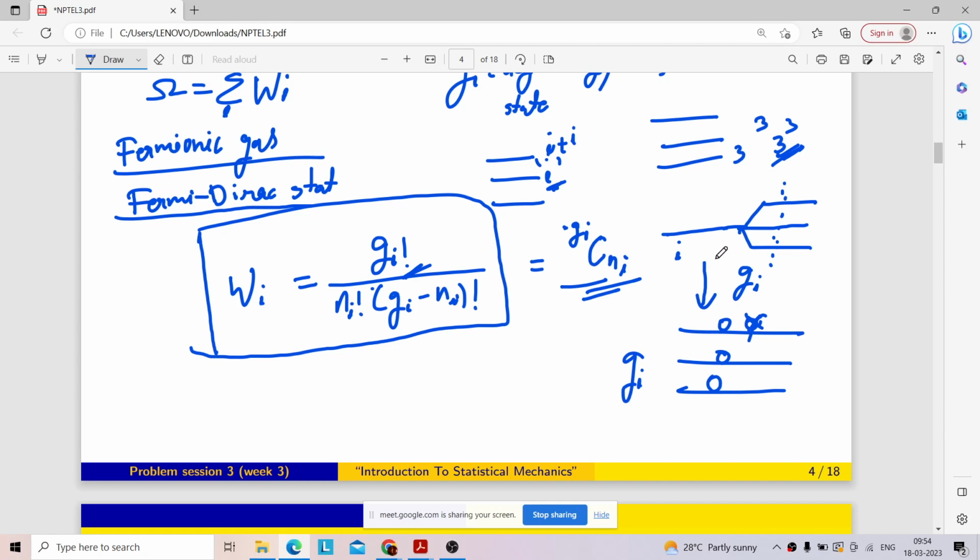Or imagine the ith state has Gi substates, so as we calculated previously, there are i number of states and we have some j number of fermions. The number of ways I can arrange them is this, right?